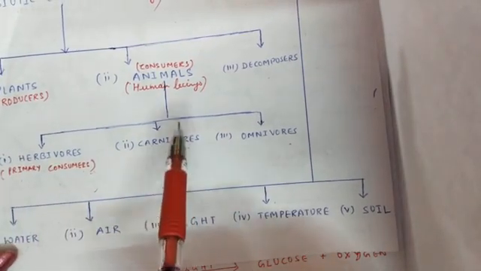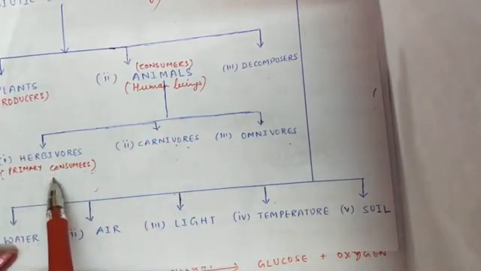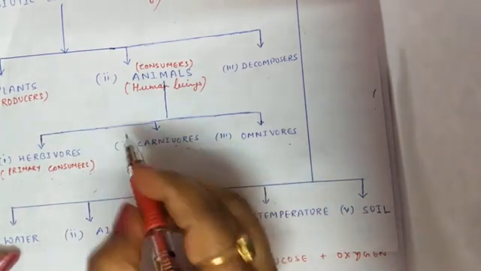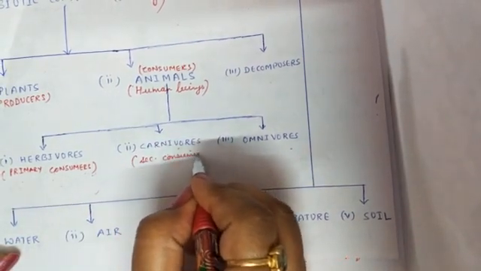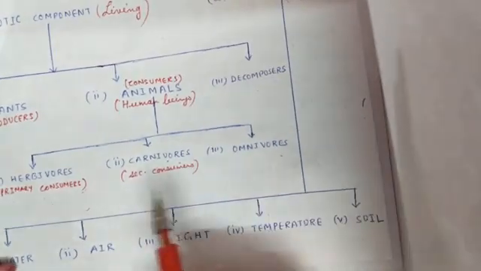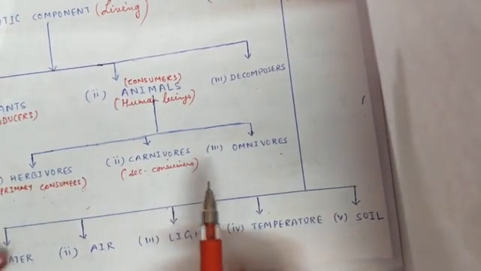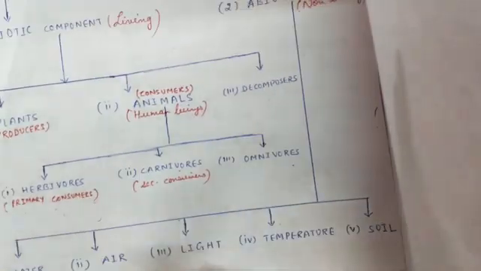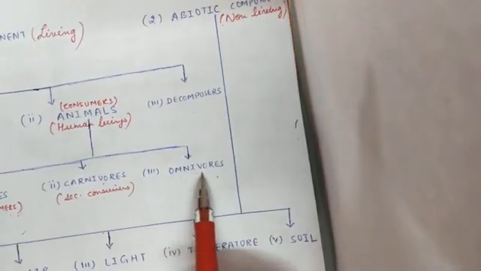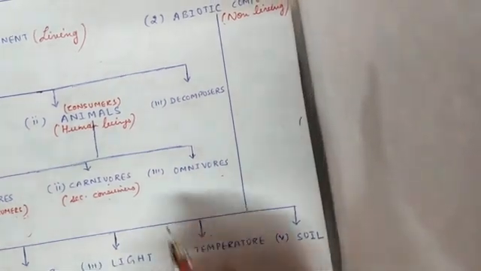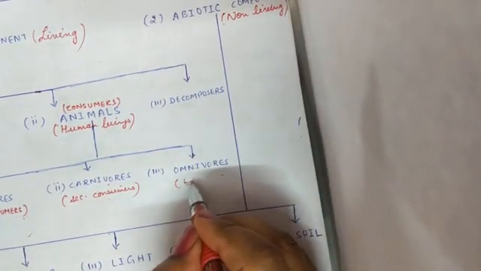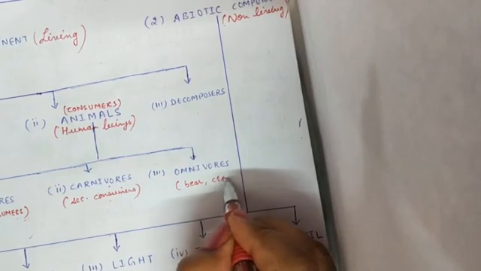Second, carnivores, who feed on herbivores, and that is why they are also known as secondary consumers. For example, lion, tiger, snake, all these. And third is omnivore, who feed both on plants and animals. Example is bear, crow, etc.